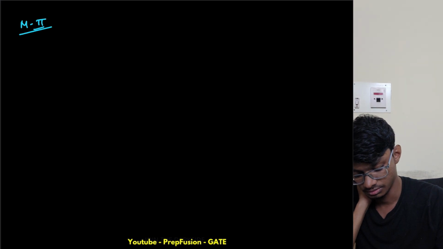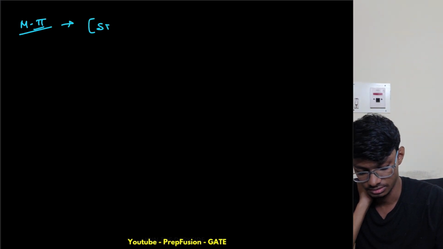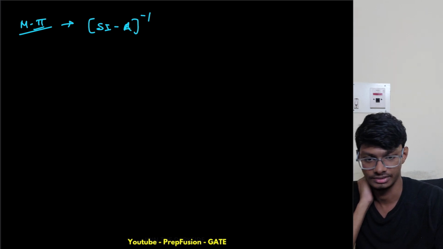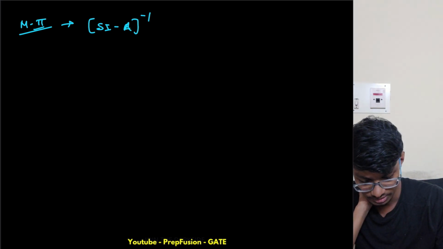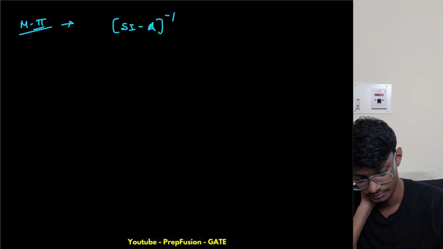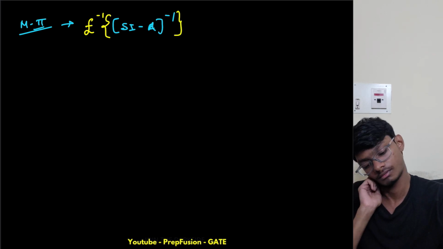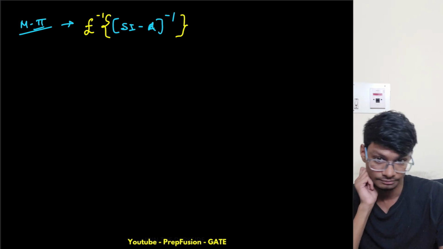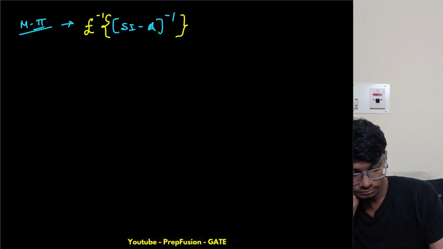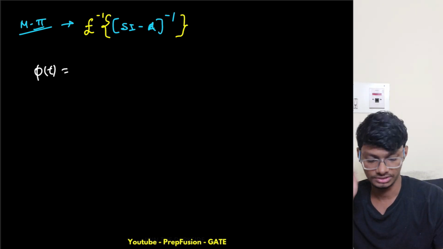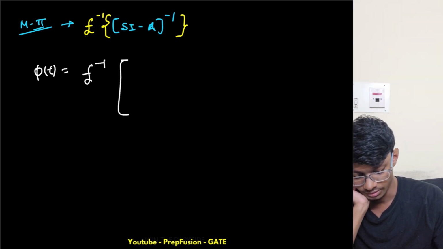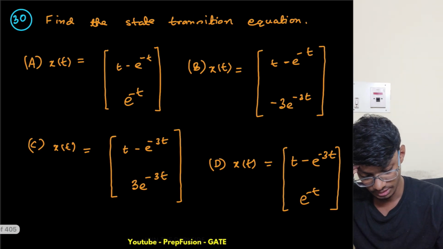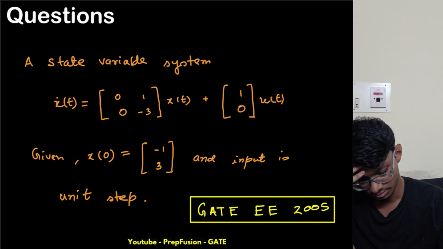What is method 2? The simple sI minus A inverse. Find sI minus A inverse and then the Laplace inverse of this. This is phi of t, which equals simply the Laplace inverse of this. The Laplace inverse I will do later on. I will do sI minus A first. So what was my A? It was this one.